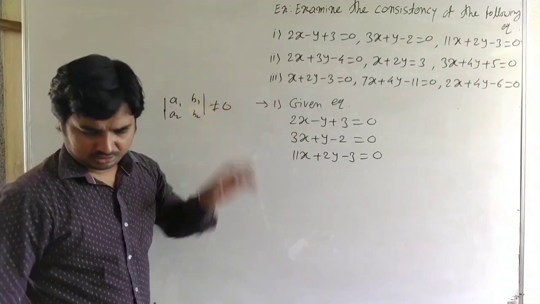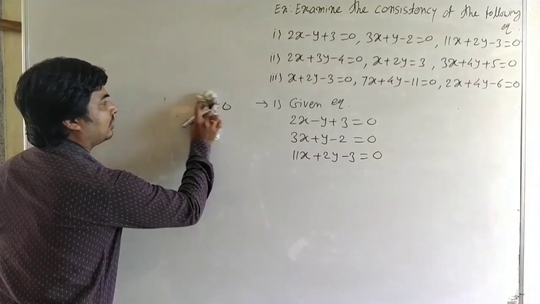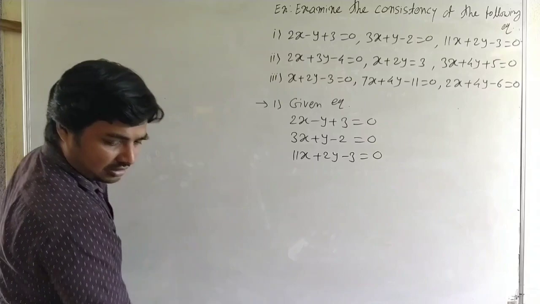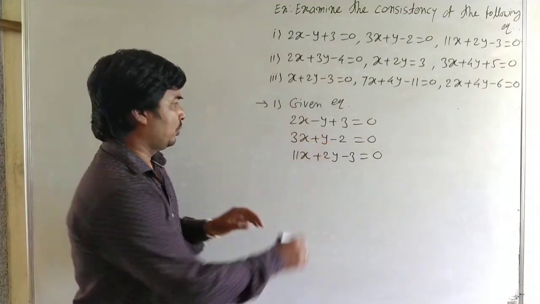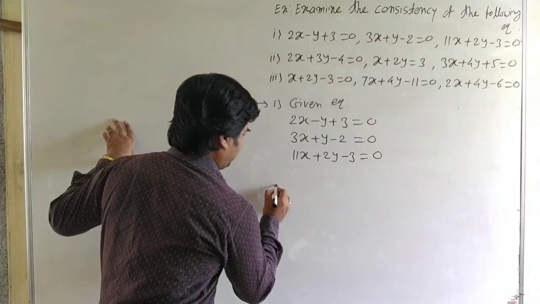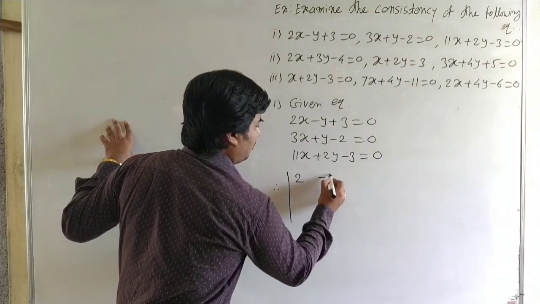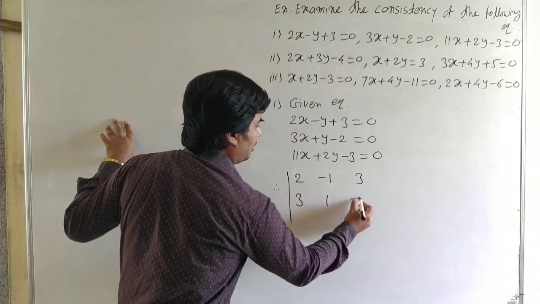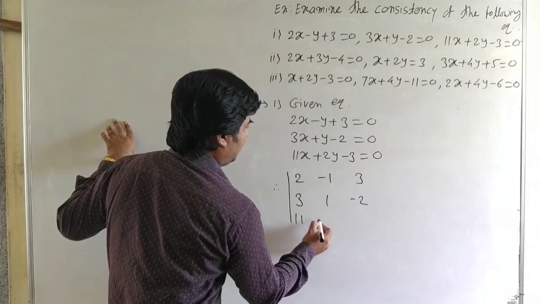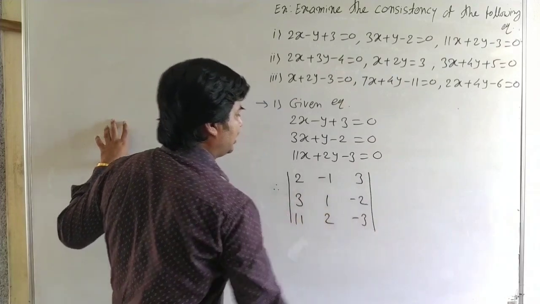Okay, only check this. Okay, if any one is 0, then the equations are not consistent. Okay, now we check the determinant. Therefore it is 2 minus 1 3, 3, 1, minus 2, and it is 11, 2 and minus 3. We can find the value of this determinant.